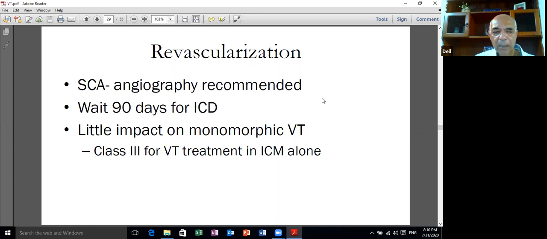So it's a class 3 recommendation to think that the VT treatment by revascularization for ischemic cardiomyopathy is satisfactory. So we revascularize these patients, but don't expect that this will cure the large majority of patients with monomorphic ventricular tachycardia. That's a completely different situation from polymorphic ventricular tachycardia, where I indicated that ischemia is the primary underlying etiology of these patients.